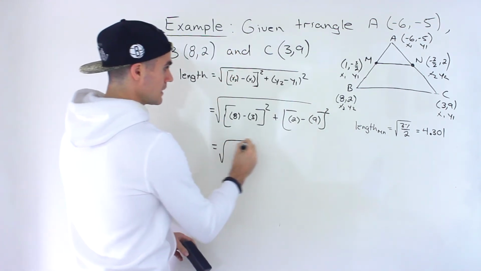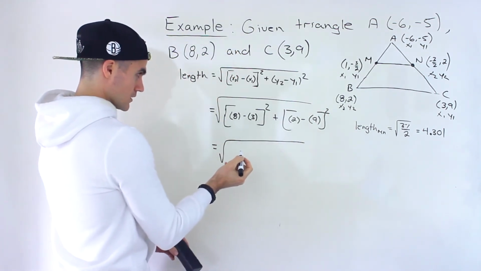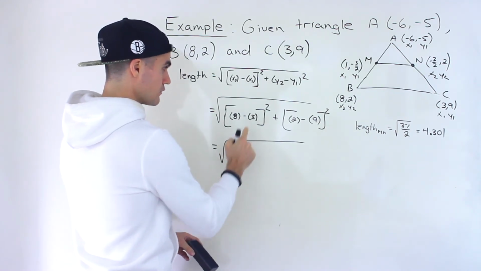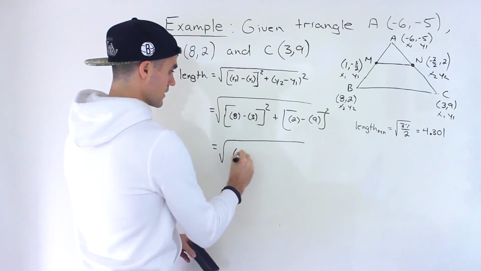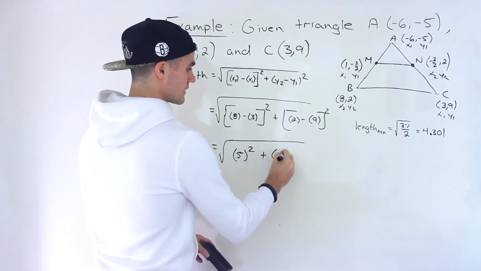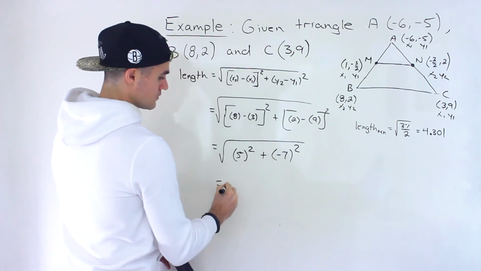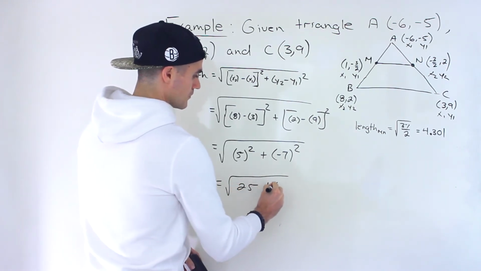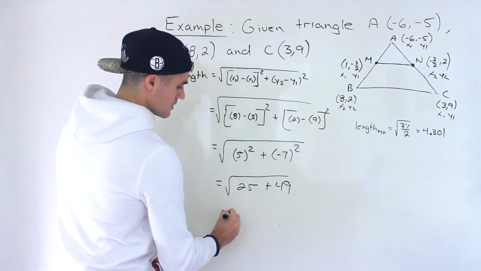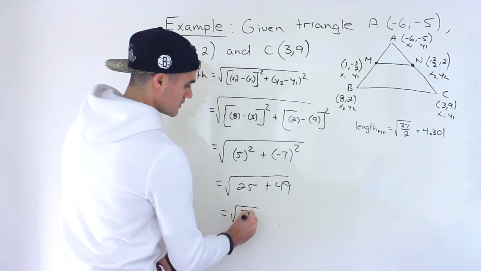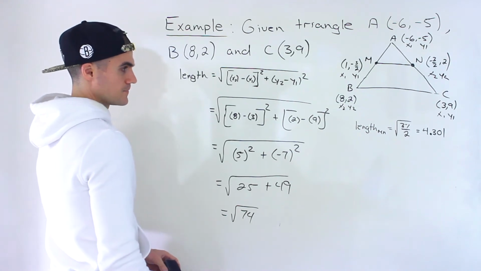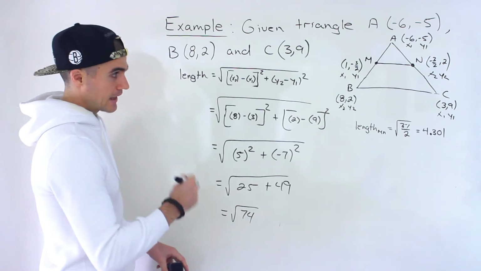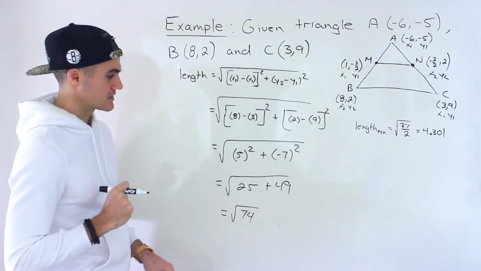So this would end up being 5 to the power 2 plus -7 to the power 2, which would be 25 plus 49, which gives us 74. So this is the length of BC as an exact value.